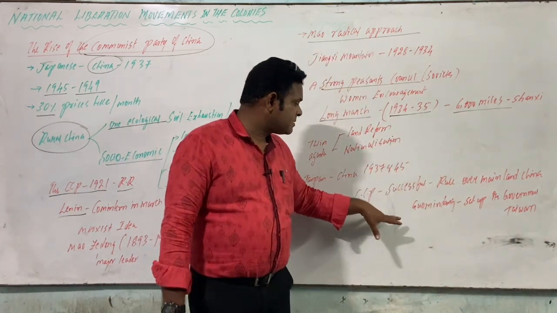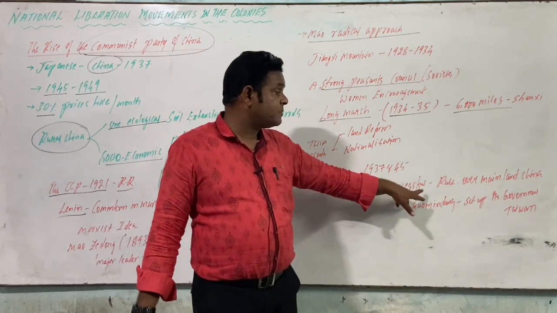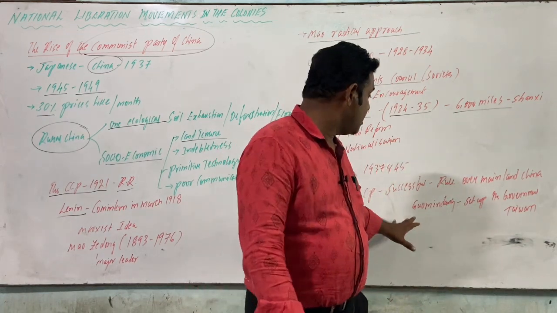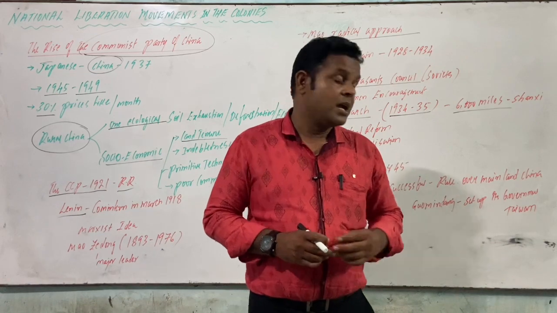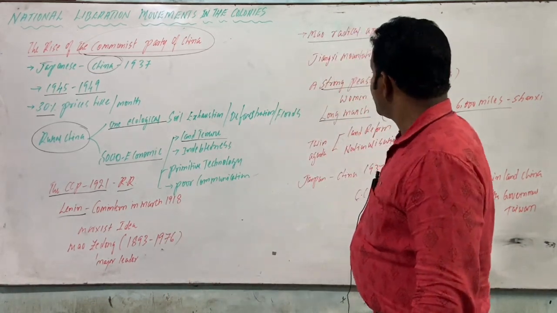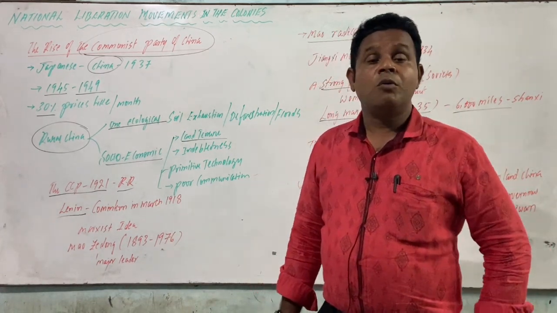These are the things with which, at last, the CCP leader Mao Zedong was successful in ruling over the mainland of China. But the Kuomintang forcibly set up a government there in Taiwan. So that is the end of what we have discussed regarding Mao Zedong.